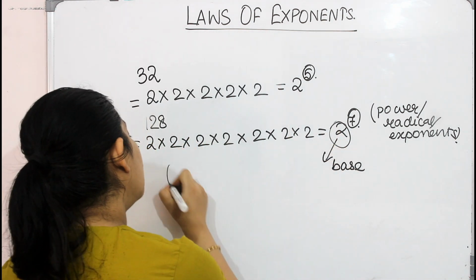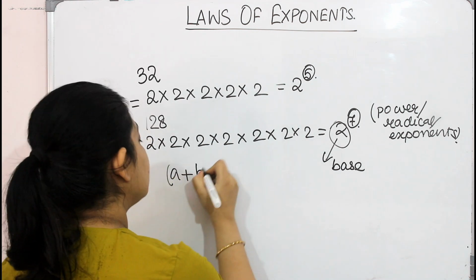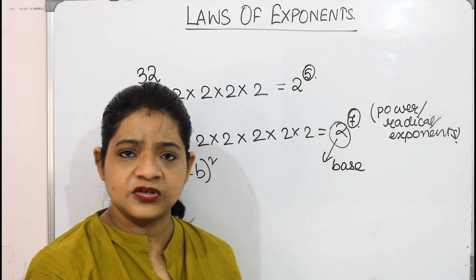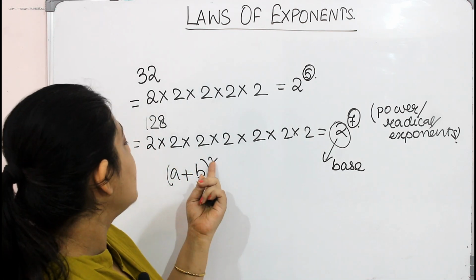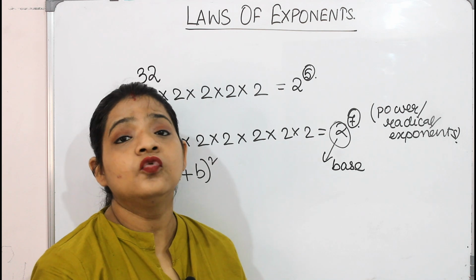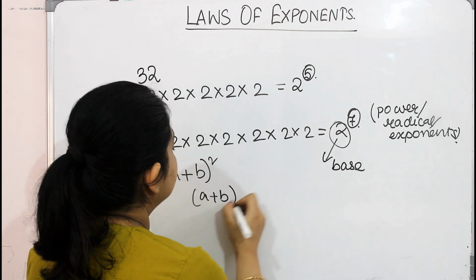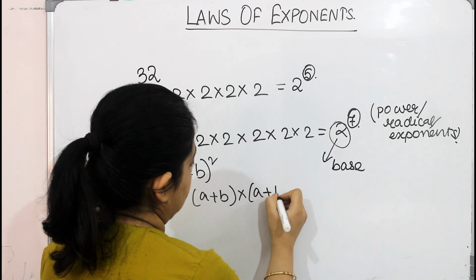Like you have heard of the famous formula (a plus b) whole square. Here a plus b is an algebraic expression, and to the right and above we are writing 2. This indicates that a plus b is repeated 2 times.